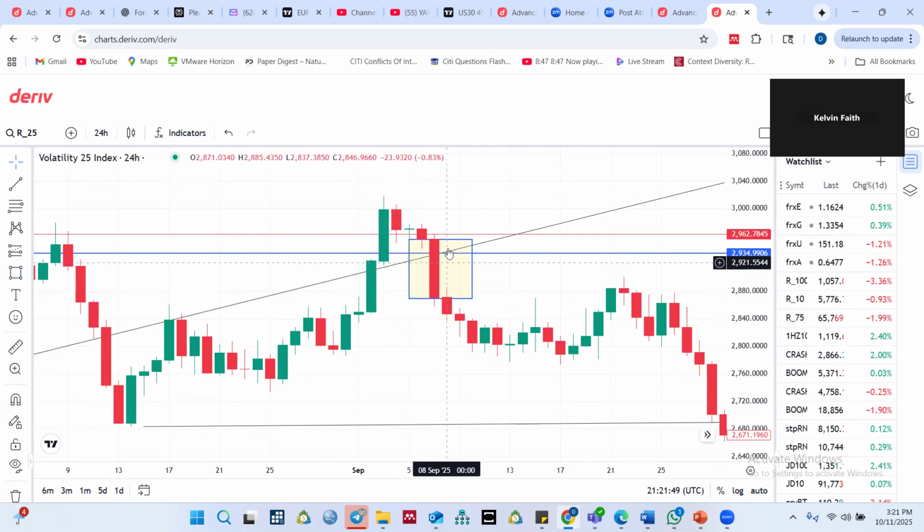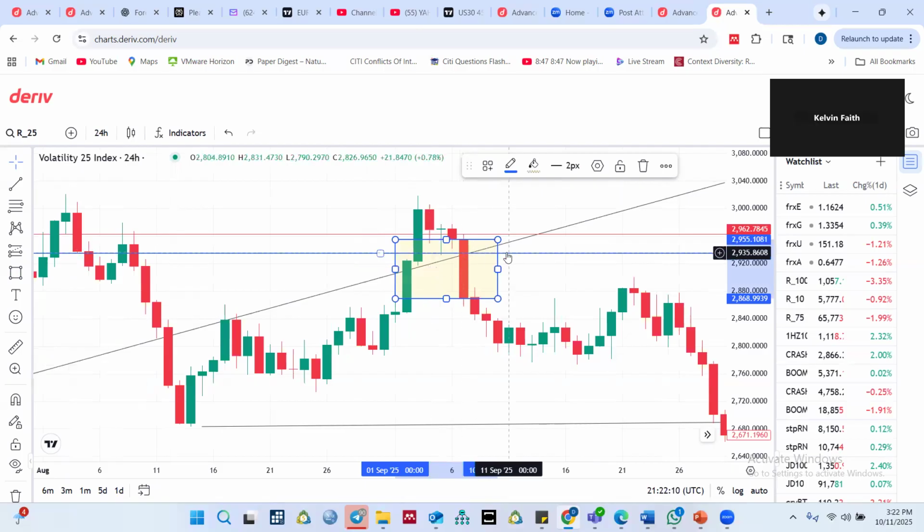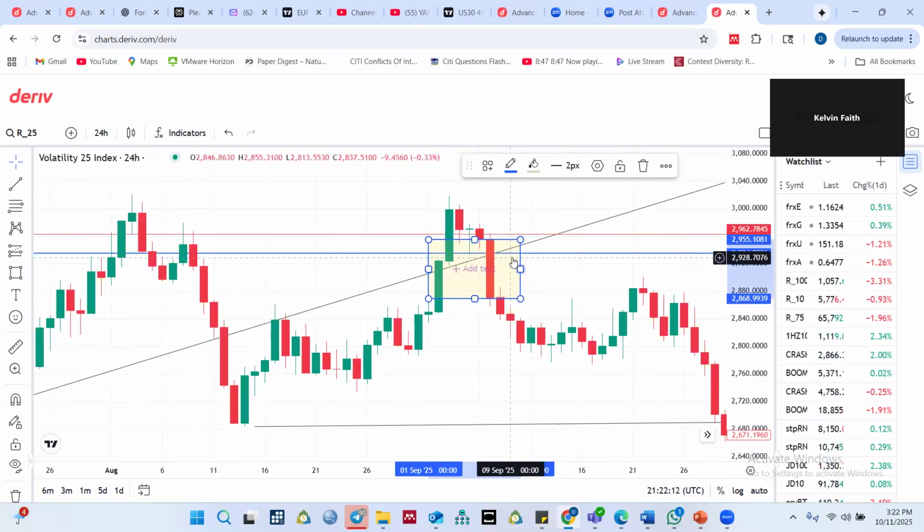We see a bearish candle that engulfs below the trend line and at the same time the precision support line. This is a powerful confirmation.